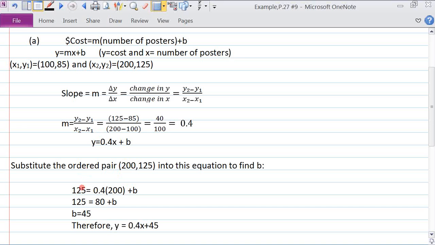Y is 125 when X is 200, we compute this plus B. Now, 0.4 times 200 gives us 80. So B, we transpose the 80 from the right to the left, subtract it from the 125, and we get 45. Therefore, Y equals 0.4x plus 45.